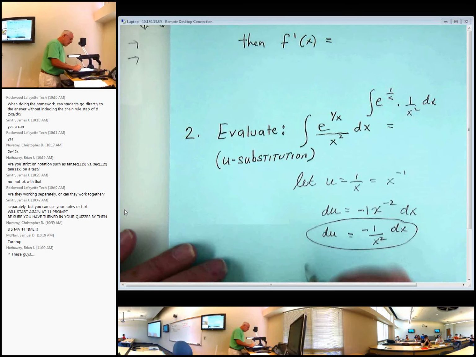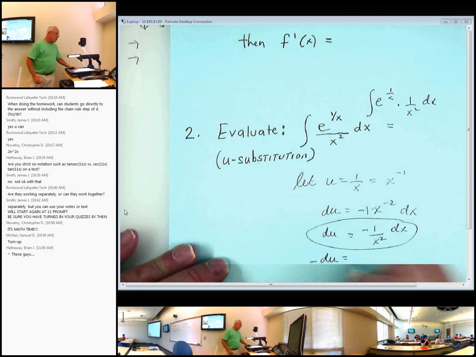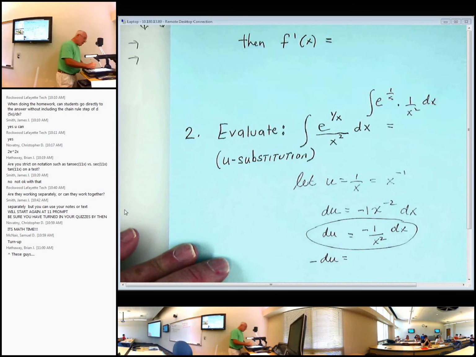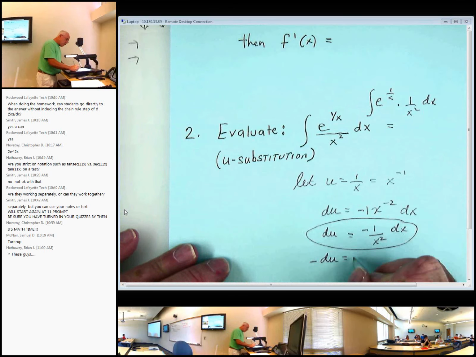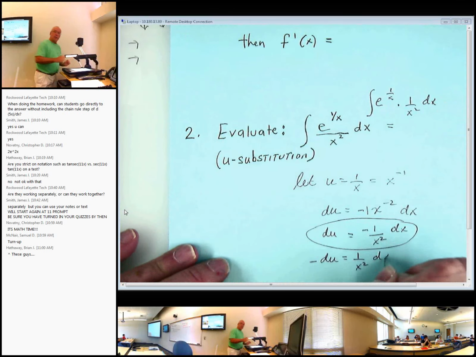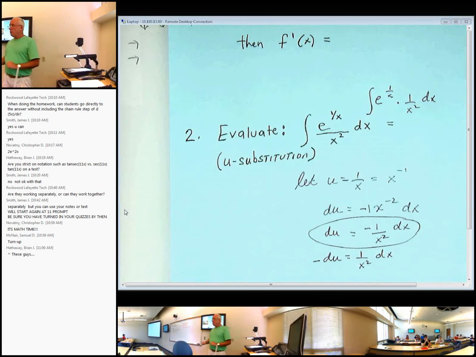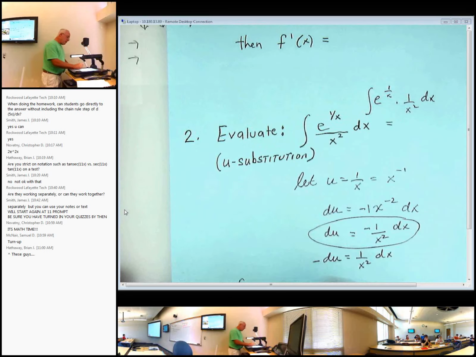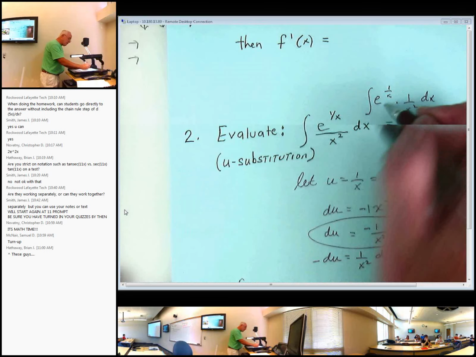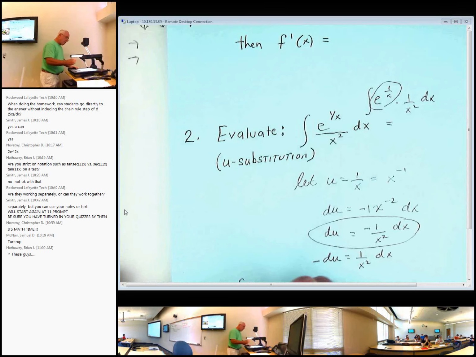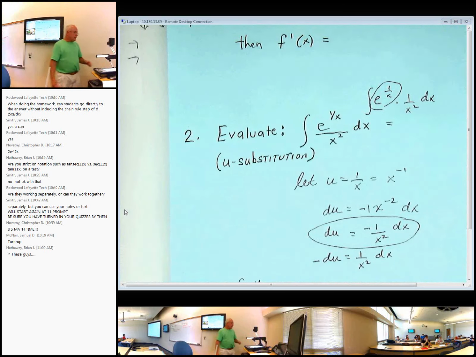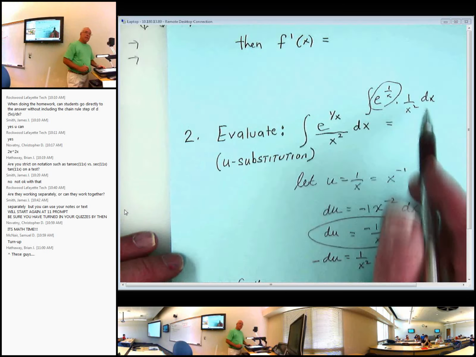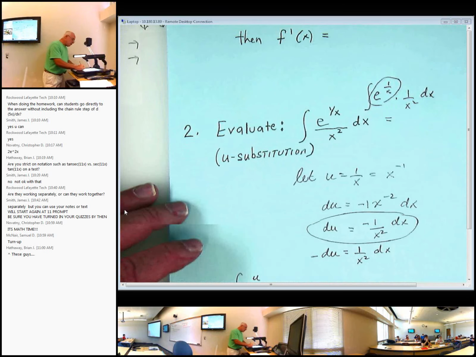So negative du is equal to 1 over x squared dx. Now I'm ready to do my replacement. My integral becomes e to the u, and the rest of it, 1 over x squared dx, I can replace with negative du.